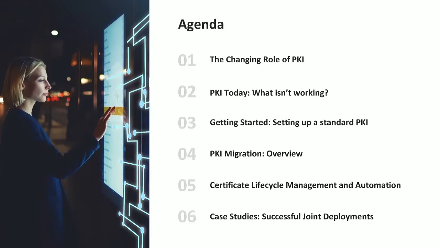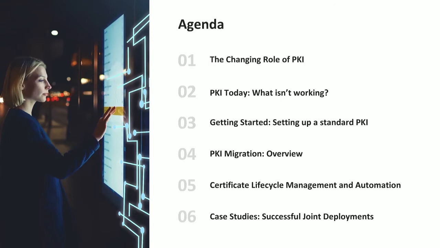So basically the agenda for today is the changing rules of PKI, okay? And next we're going to cover what isn't working in the world of PKI today. After we have covered that, we are going to move on towards what is needed to set up a typical PKI in your organization.